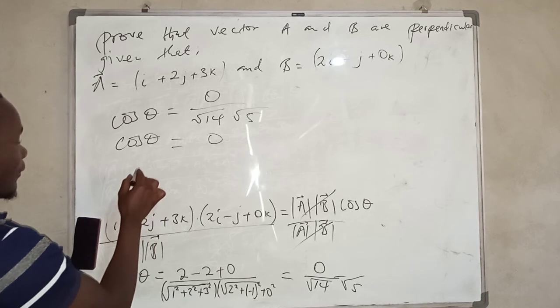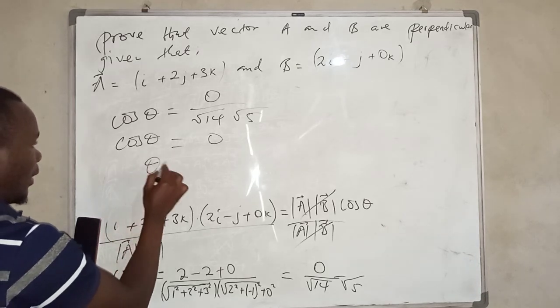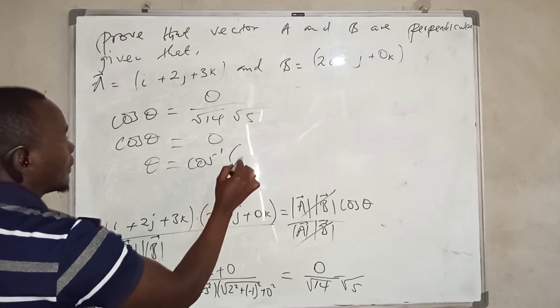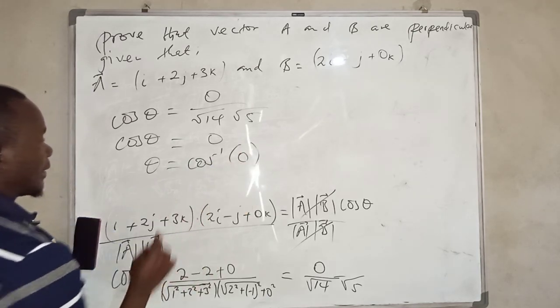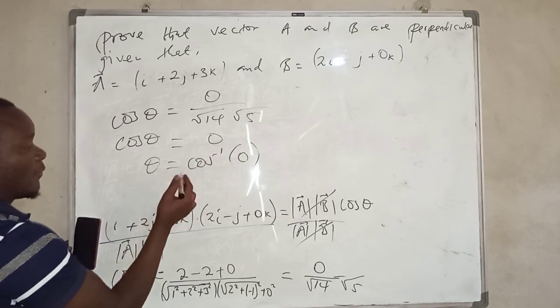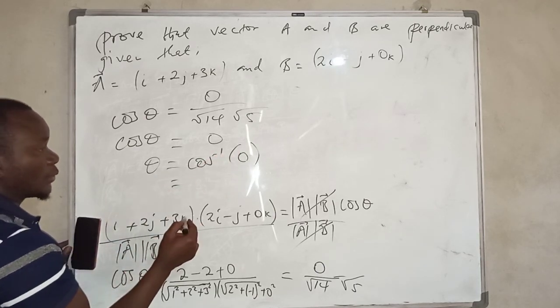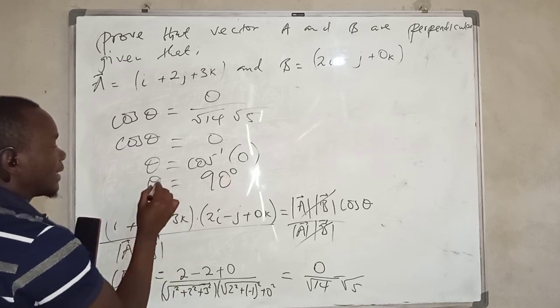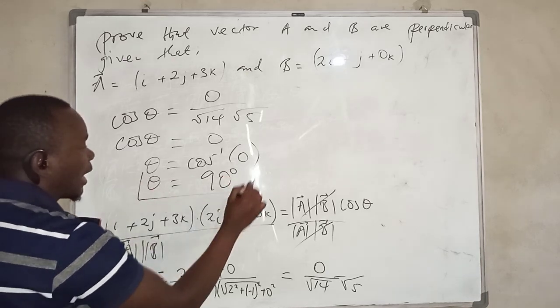Now if we want to find theta, we do cos inverse of 0, and if we punch this on a calculator, we are going to find that the angle will be 90 degrees. So theta will be 90 degrees.